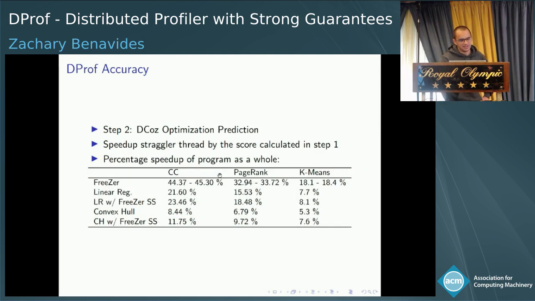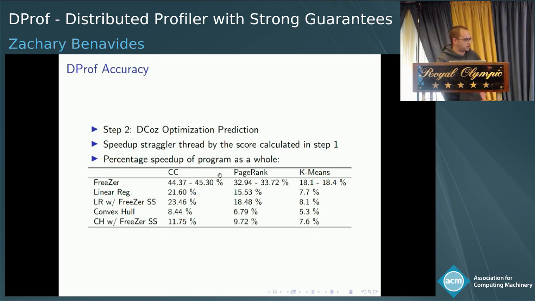In the second part, we used DCause to ask the question, what happens if we were to speed up the identified straggler by the straggler score that we calculated in the first part? Here we have two new entries in this table, one for linear regression with freezer straggler score and another for convex hull with freezer straggler score.